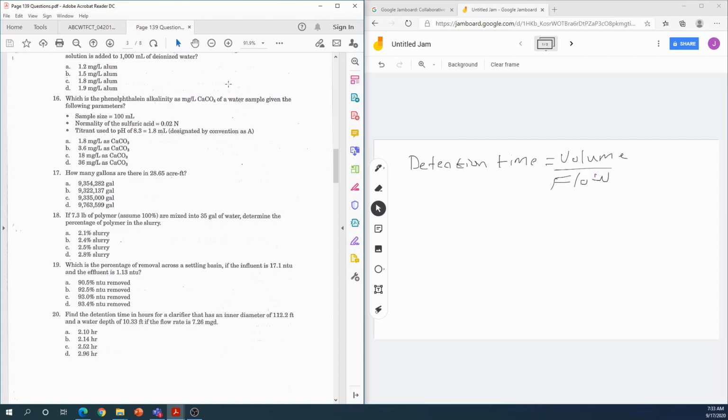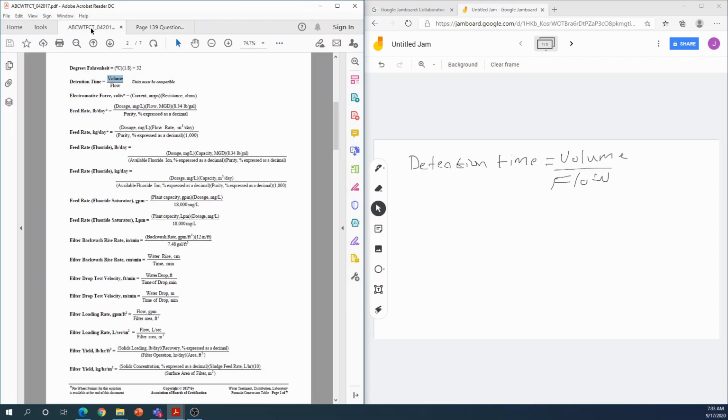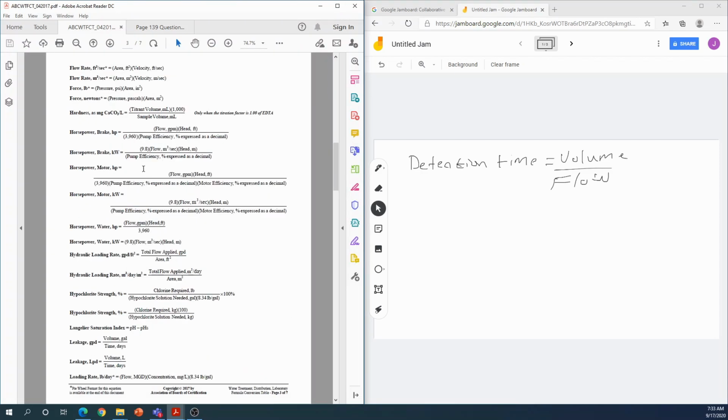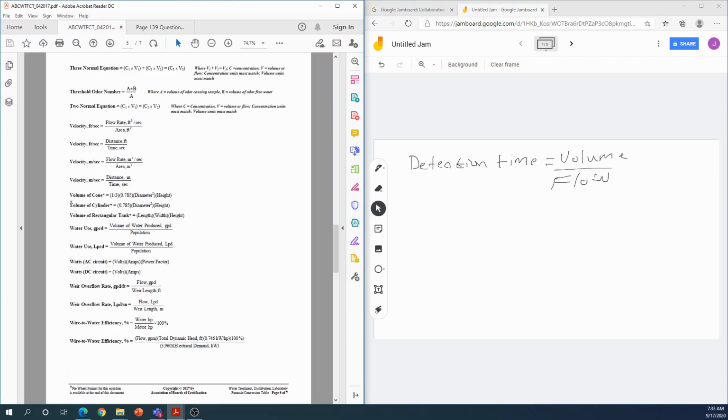So our volume, we have a clarifier that has an inner diameter of 112.2 and a water depth of 10.33. So let's go back to our volume calculations. And again, volume of a cylinder is 0.785 diameter squared times our height, which again is just the area of the circle times the height.